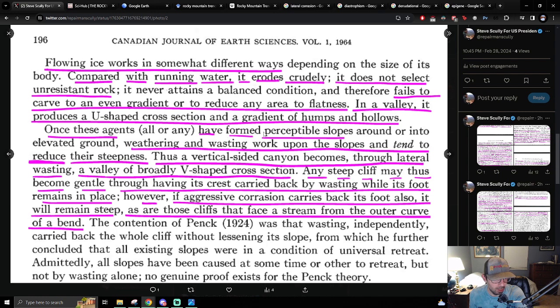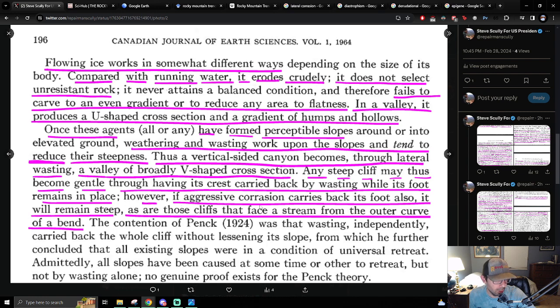Once these agents have formed perceptible slopes, weathering and wasting work upon the slopes and tend to reduce their steepness. Thus, a vertical-sided canyon becomes, through lateral wasting, a valley of broadly V-shaped cross-section. Any steep cliff may thus become gentle through having its crest carried back by wasting while its foot remains in place.